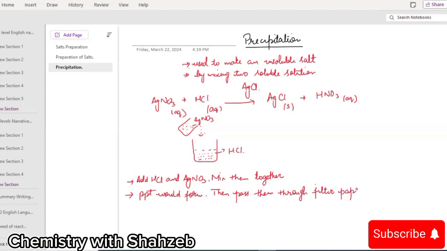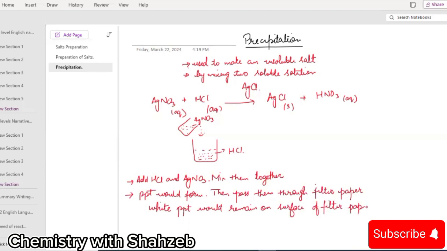So what happens when we are passing them through filter paper? Then the white precipitate would remain on the surface of filter paper.